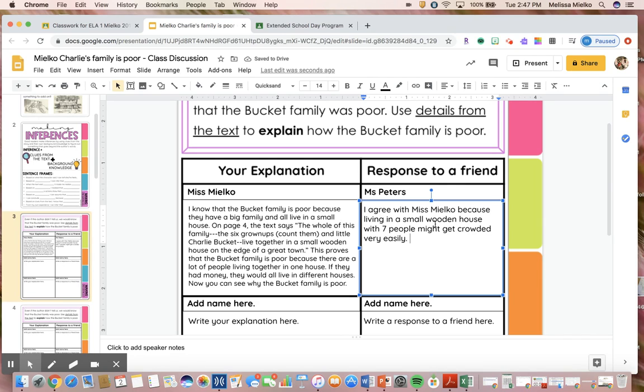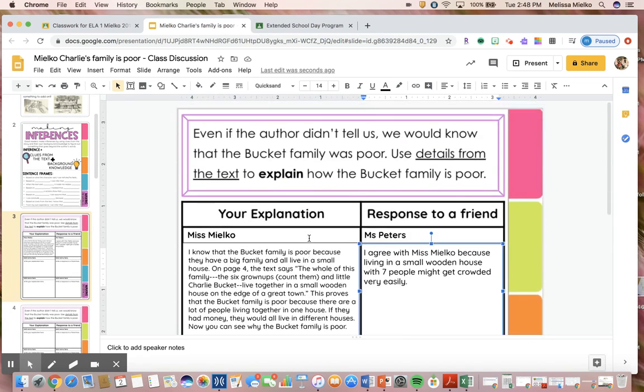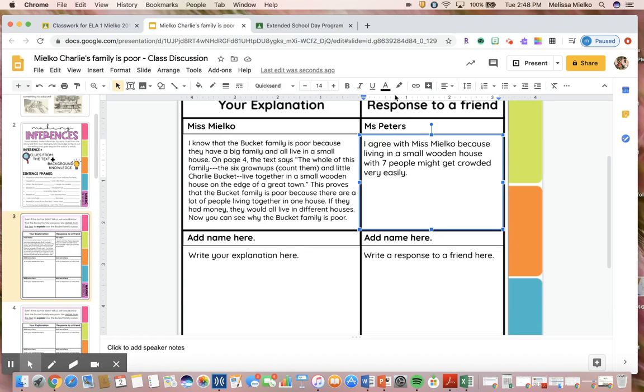Again, you can pick anyone's explanation and respond right next to them. You need to put your name, whether you agree or disagree with them, whether you want to add on to what they have to say, and you need to write why.